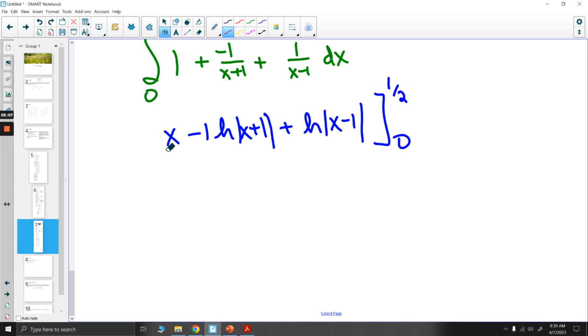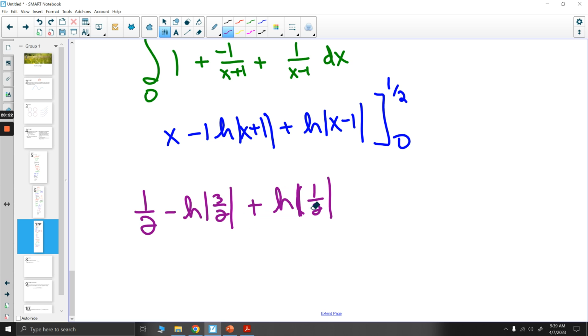Okay, so 1/2 into here: 1/2 minus natural log of 1/2 plus 1, which would be 3/2, plus natural log of 1/2, which, if you notice, the absolute values aren't necessary at this stage, but we can drop them later.